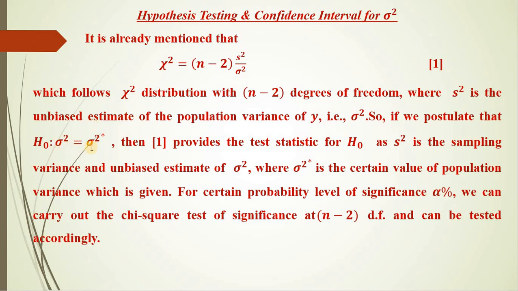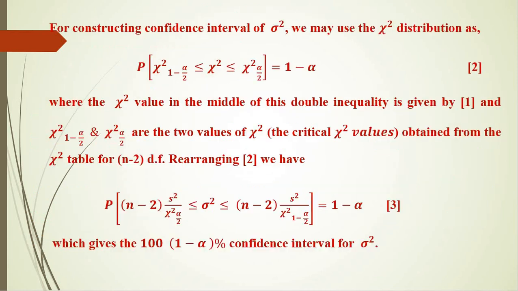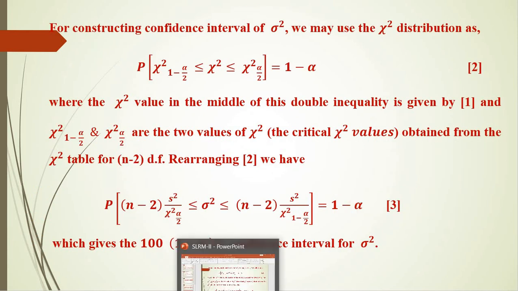If we postulate that sigma square equal to sigma square star, then this chi-square provides a test statistic for H0, as s square is the sampling variance and unbiased estimate of sigma square, where sigma square star is a certain value of population variance which is already given. So for a certain probability level of significance, suppose it is alpha %, we can carry out the chi-square test of significance at n minus 2 degrees of freedom and can be tested accordingly. Thus, we get the value for chi-square, calculated chi-square.